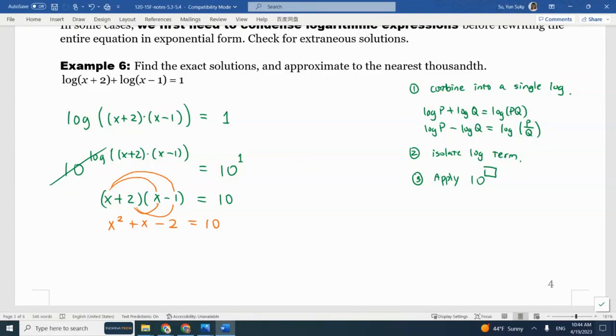What do we do next, Cohen? Yes. Can you factor it? Let's see. Cora, can you factor it?